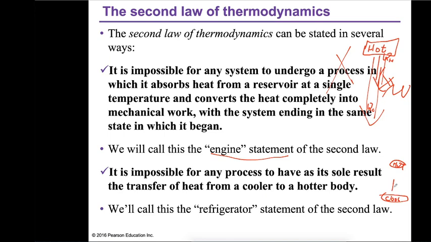It never happens that heat flows from the cool reservoir to the hot reservoir. In order to transfer some heat from a cooler to a hotter place, you always need to do some work. So this is the second statement. We call this the refrigerator statement of the second law.